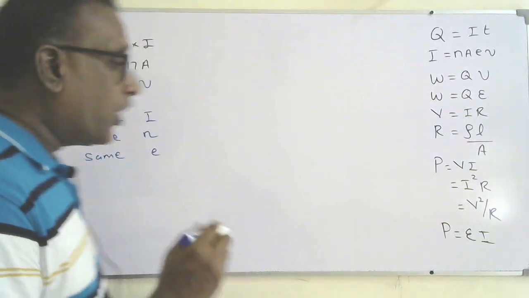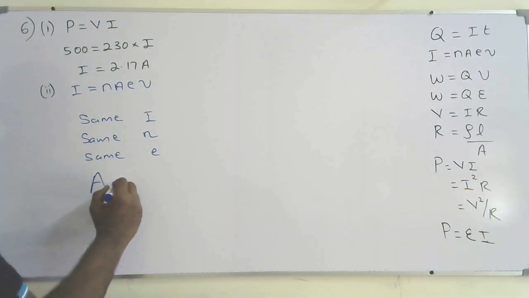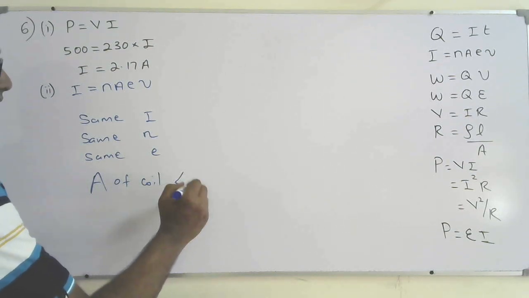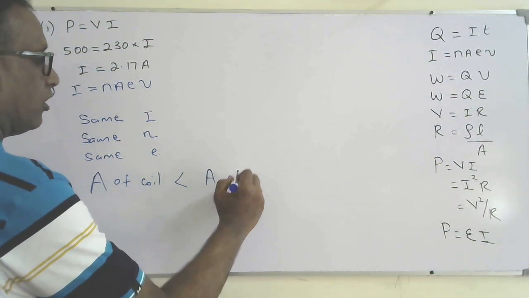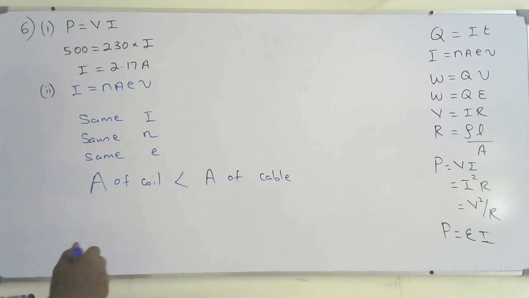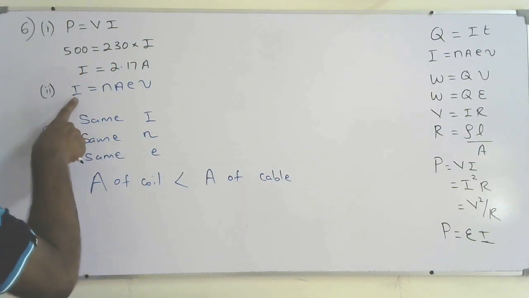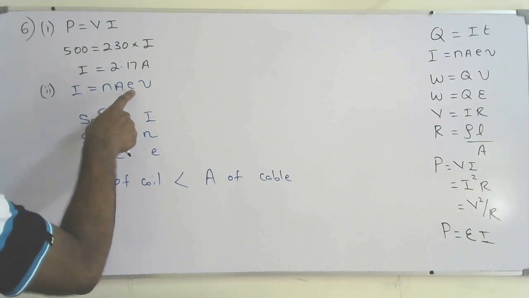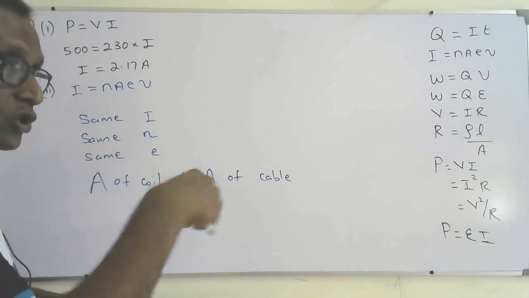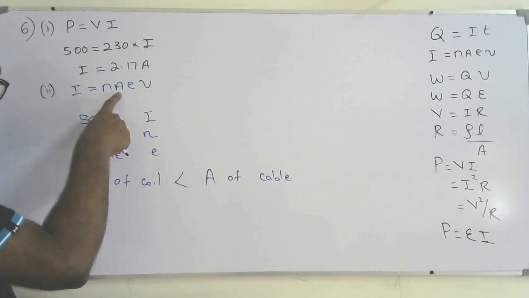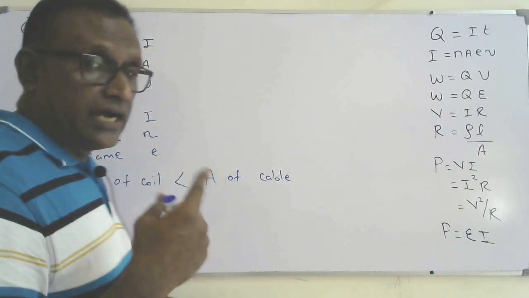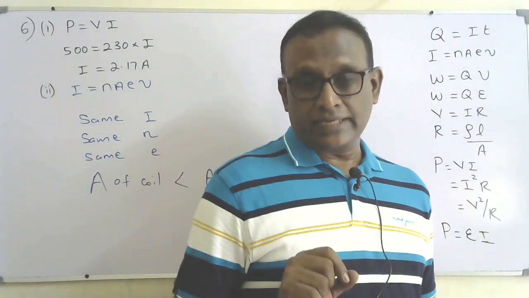Thinner wire means the area of cross section is smaller. So the area of cross section of the coil is less than the area of the cable. When we compare, both have the same current, same n, same e, but the coil has the smaller area. Therefore, the drift speed should be larger in the thinner wire, the coil.